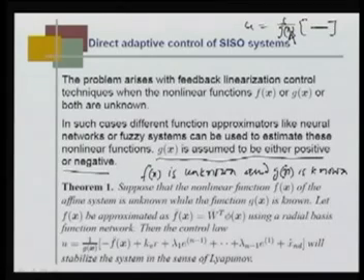Let f(x) be approximated as f hat(x) equal to w hat transpose phi(x) using a radial basis function network.